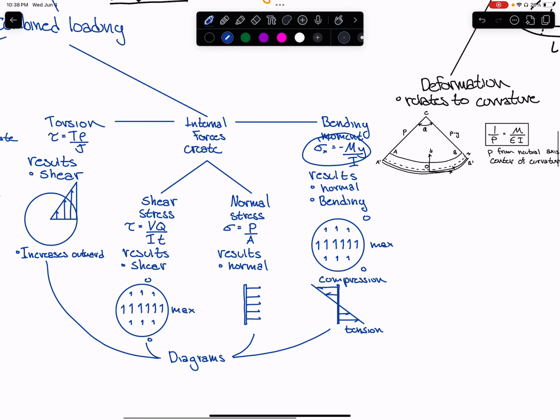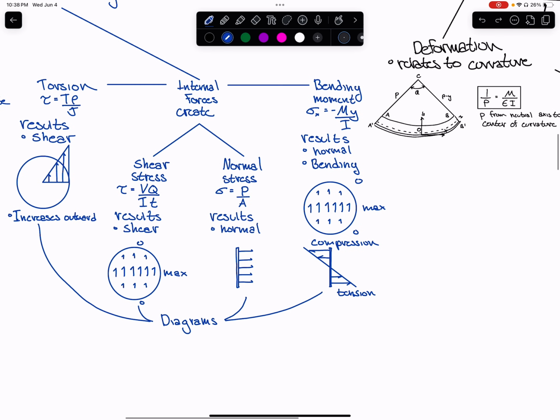equation right here. And unlike this graph above, we will actually have a neutral axis, which is a point where there is no normal stress due to bending.